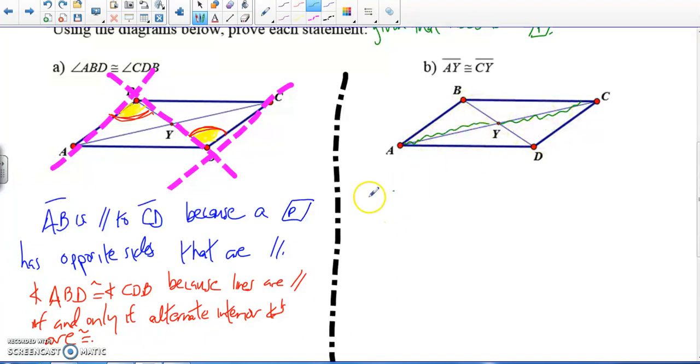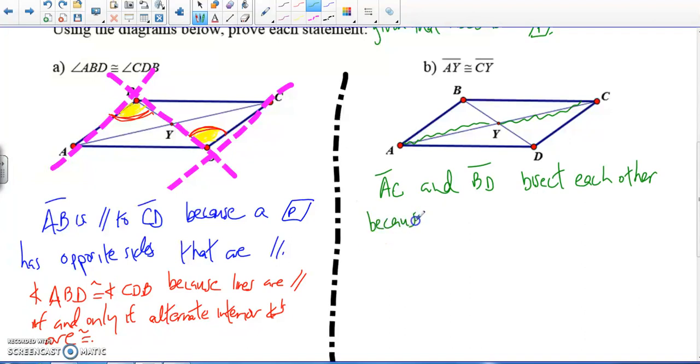So those diagonals bisect each other, and that's where we can start. We can say AC and BD bisect each other because in a parallelogram, diagonals bisect each other.